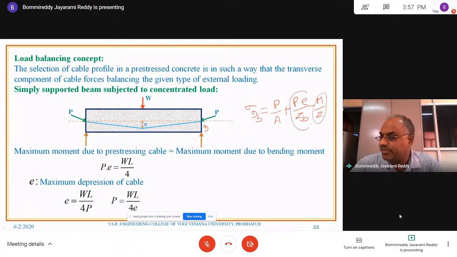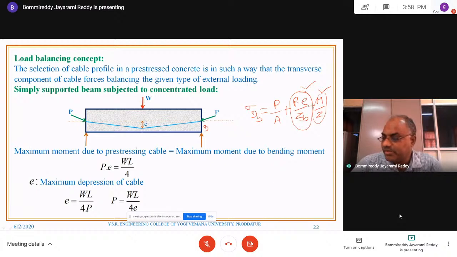When E is 0, this term also vanishes. That means since there is no balancing of the stresses here, when there is no bending moment, we also keep the eccentricity 0. So only P by A will exist.